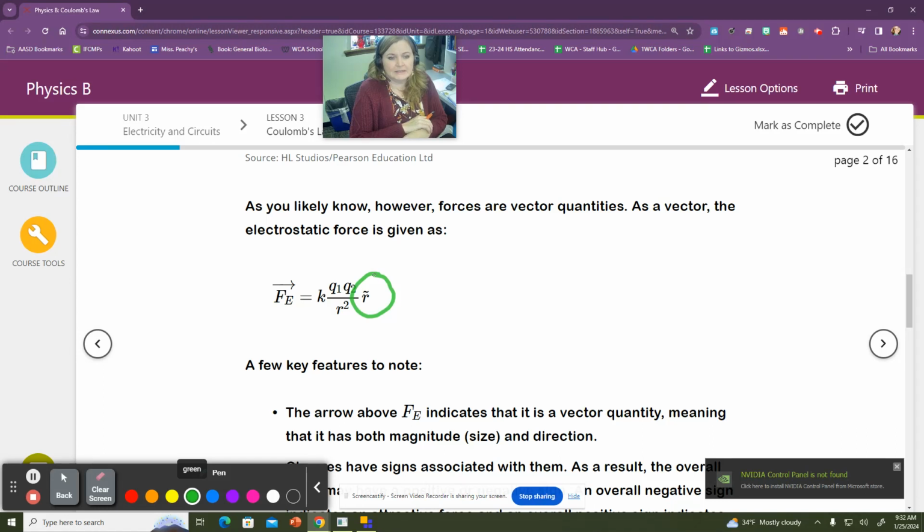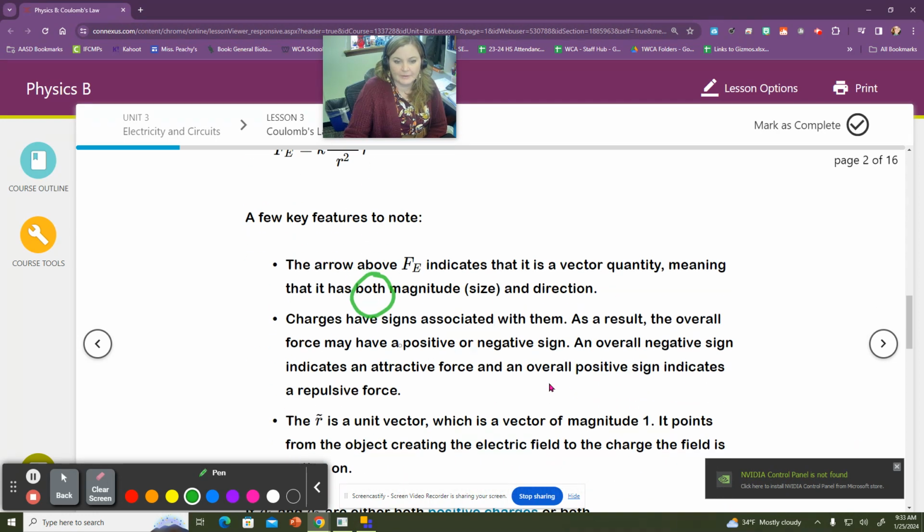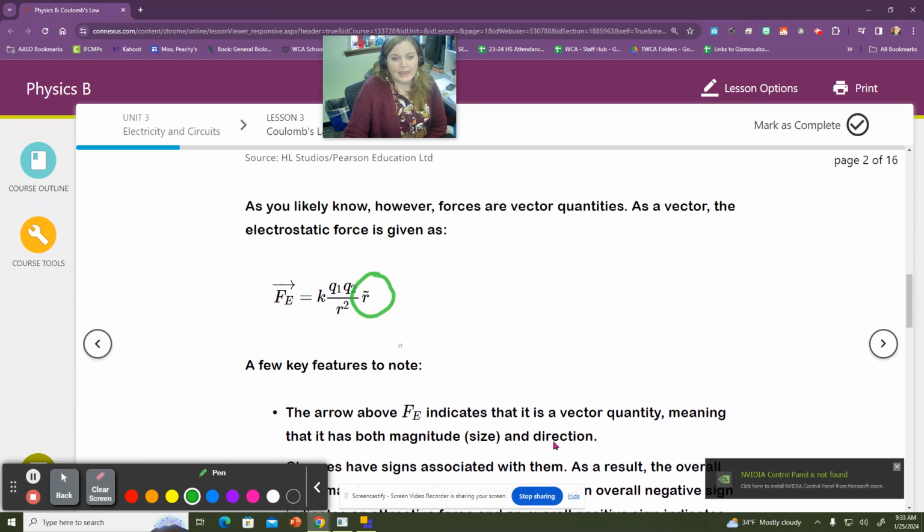This is basically telling us that force is a vector. So we have to be concerned with both the quantity of the force, the magnitude, and its direction. This little r with the symbol at the top, which I'm not very familiar with, is called a unit vector. It just tells us direction. In this case, it tells us whether it's being attracted or repelled.